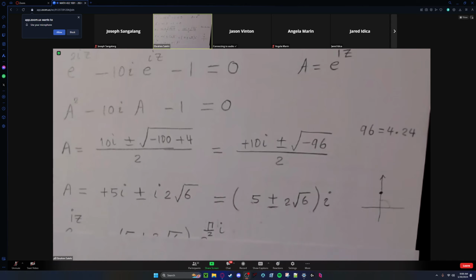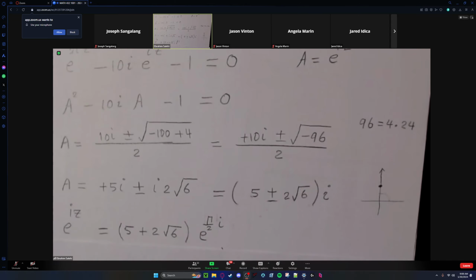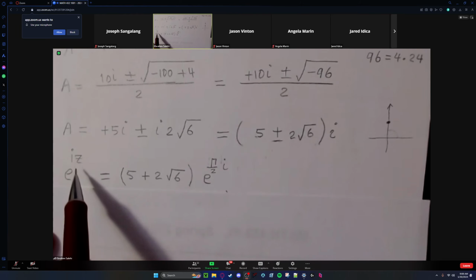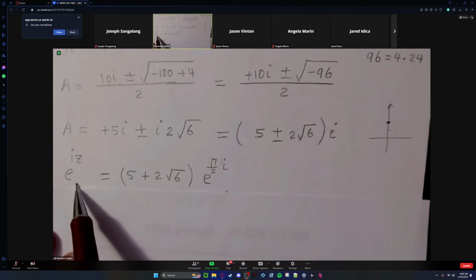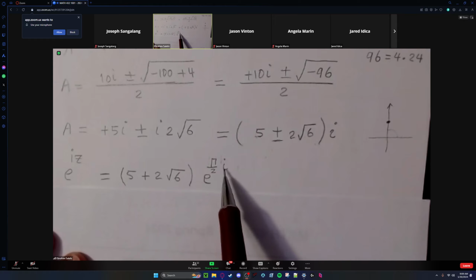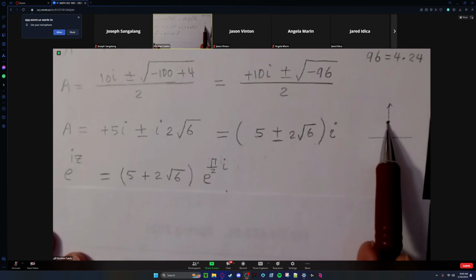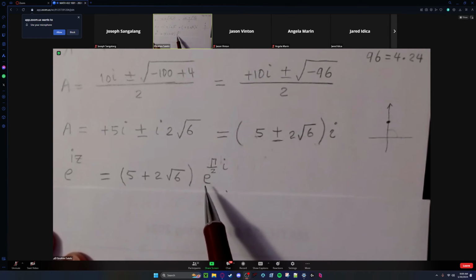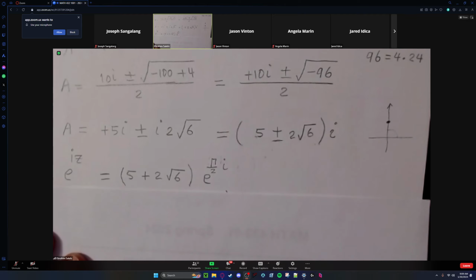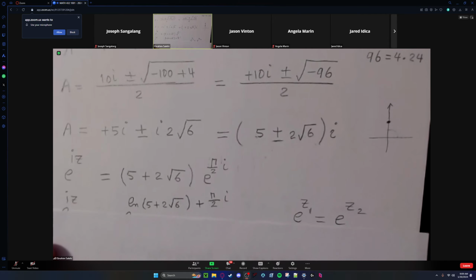So if you write it in polar format, and remember a was e to the ic, then e to the ic will be e to the pi over 2 i. However, we can take the log of both sides.